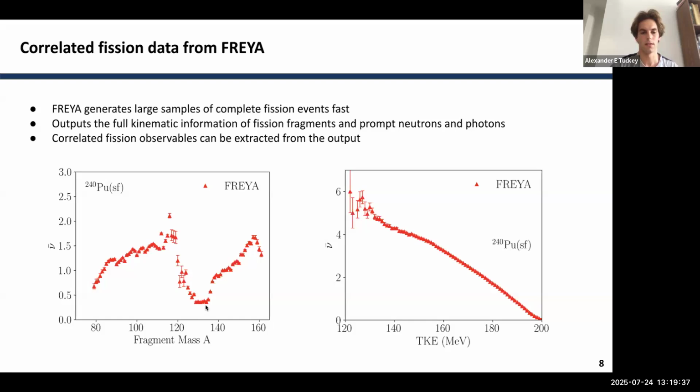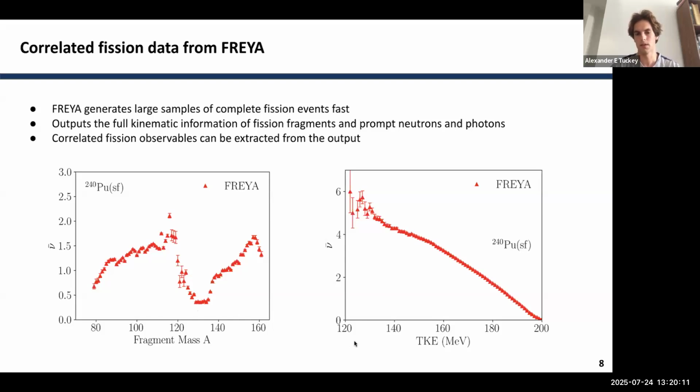So this fragment mass of 132 corresponds to tin-132, which has 82 neutrons and 50 protons. And so that forms a closed shell in the nucleus, meaning it's more stable than it would be otherwise. So that's why we see this reduced neutron emission around this fragment mass of 132.